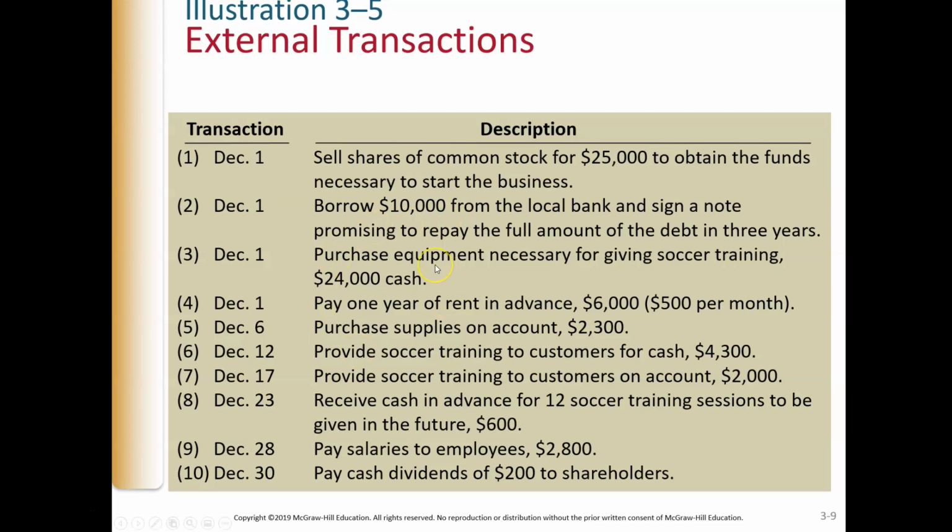We purchase equipment, it goes on our balance sheet as an asset, and we're going to have to expense that somehow. We pay 1 year of rent in advance, we know we're going to have to expense $500 a month. We purchase supplies on account, so we put that in a supplies account. We probably use some of that, so we need to show that we used it. And you can look at the rest of those.